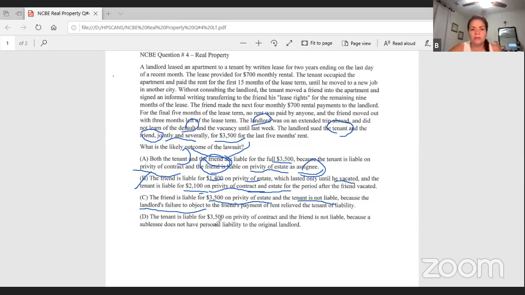So can we strike that one? Yes, because of the landlord's failure to object to the friend's payment. In a contract, there's no such thing. How do you know in the future whether the tenant gives it to a friend or to who, or they're willing to assign? There's no language that would build in a failure to object because it hasn't happened yet. How can I build on that? So if you notice, the bar examiner always puts in something that is out of the contract.